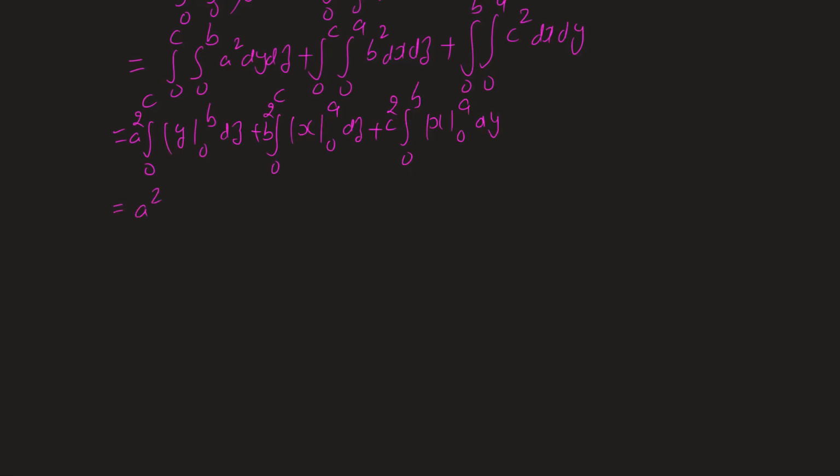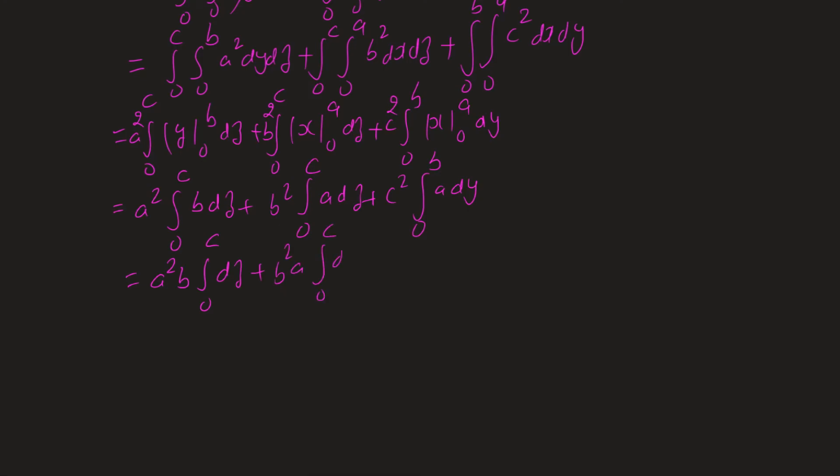So a square, 0 to c, this will be b dz, plus b square, 0 to c, this will be a dz, plus c square, 0 to b, this will be a dy. This is equal to a square b, integral 0 to c dz, plus b square a, integral 0 to c dz, plus c square a, integral 0 to b dy.